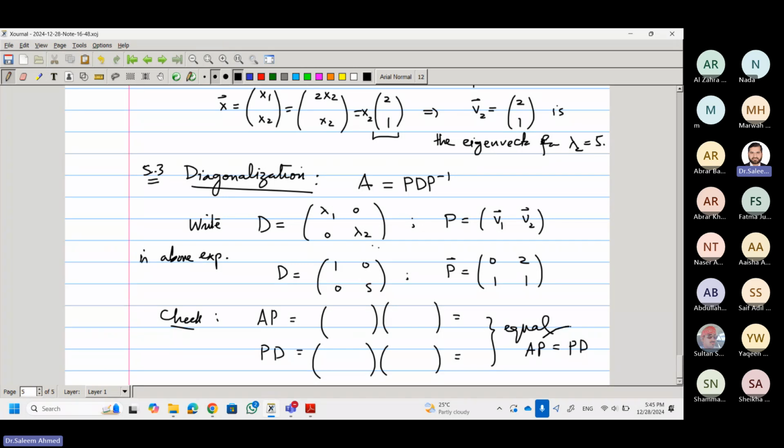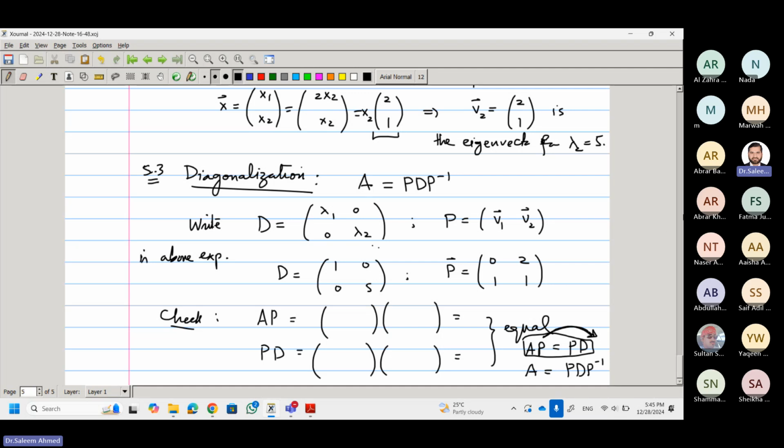Now if you send this P to the other side, your A will become PDP inverse. So no need to find the inverse. If we just show that AP and PD are equal, that is enough, because it automatically means that A is equal to PDP inverse. So it's very easy to check.